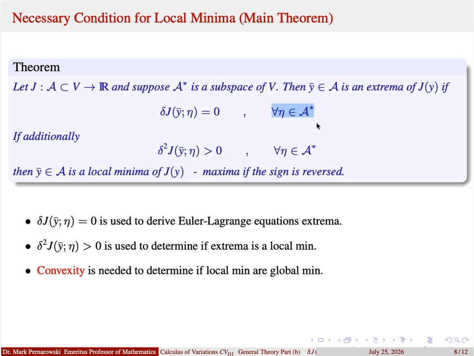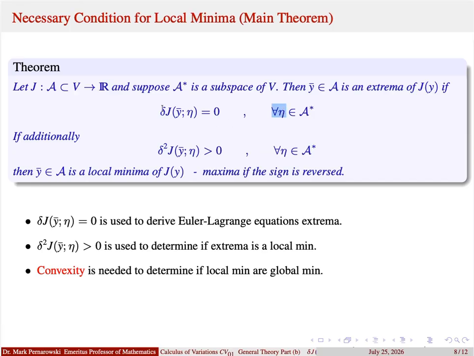So the difference between this and saying something like f prime equals 0 is that this is a statement about a derivative which depends on a direction eta. And this derivative has to vanish for all variations. This is a very, very strong statement, for all variations.